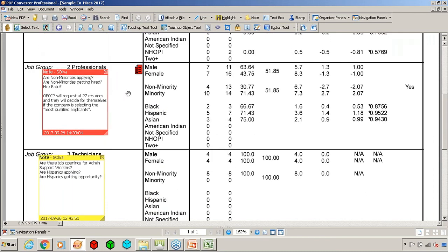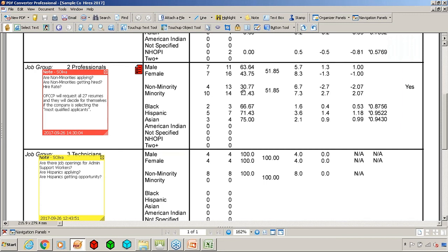In this case, for our professionals, we see that we have 13 non-minorities that applied. We have an indicator of discrimination against non-minorities. Why is that? Because they were hired at a 30% rate versus minorities were hired at a 71% rate.